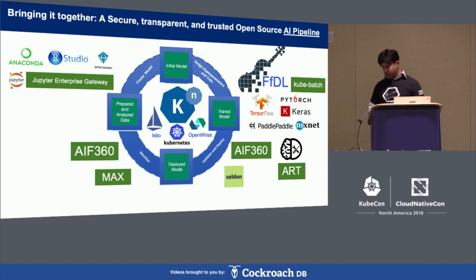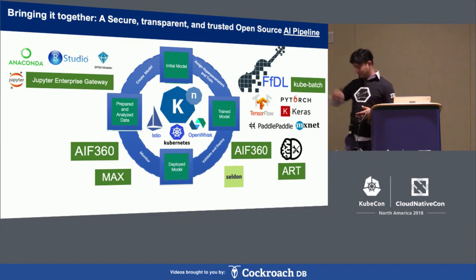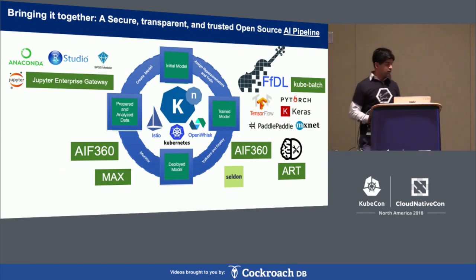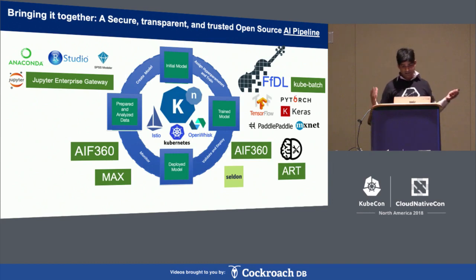So as I said, bringing in all these open source technologies, that's how we are building our open source machine learning platform. Out of this, something like Fabric for Deep Learning, we are using internally heavily with KubeBatch in conjunction for distributed deep learning training jobs. We are using AI Fairness 360 internally for a lot of bias detection in our products. Jupyter Enterprise Gateway is also being used heavily.